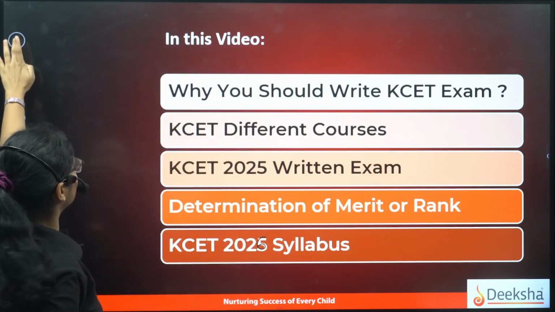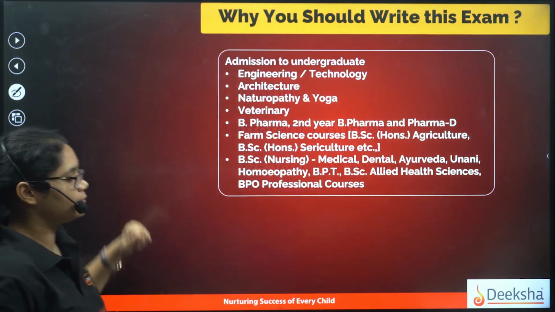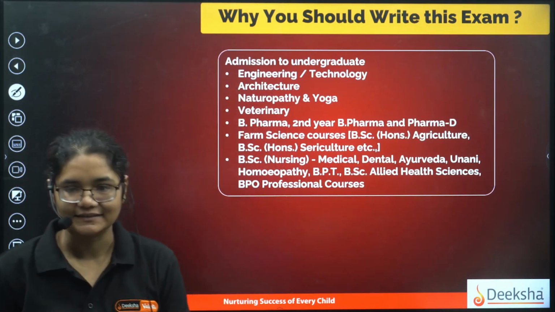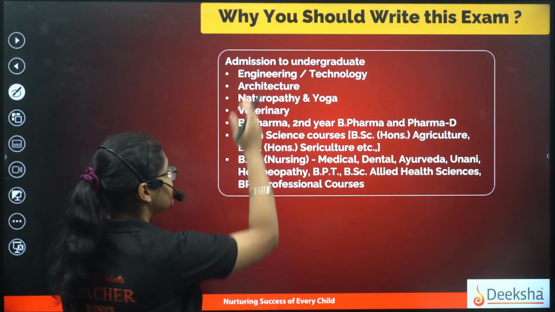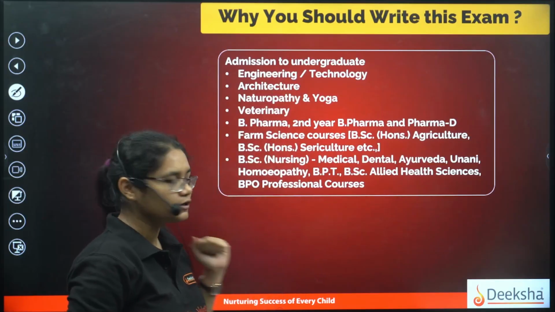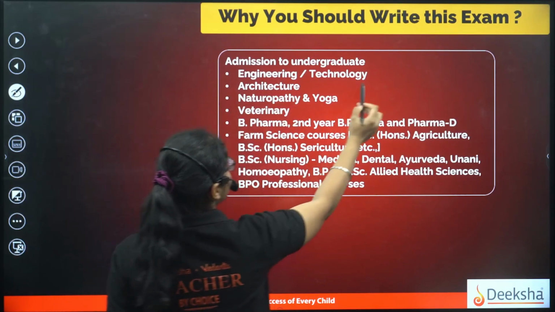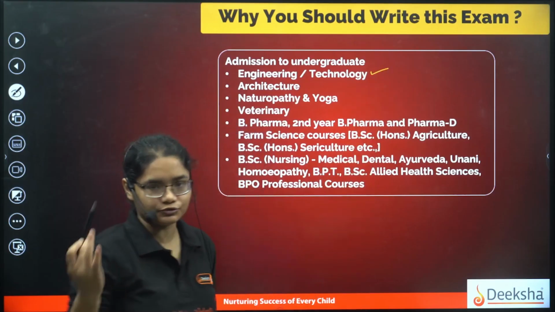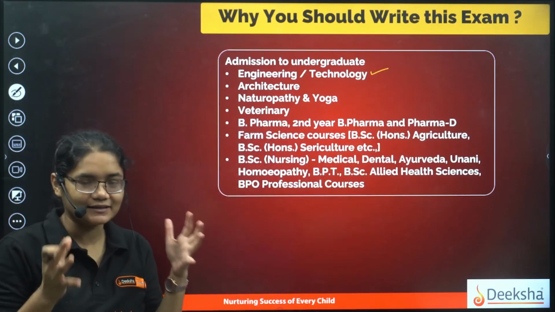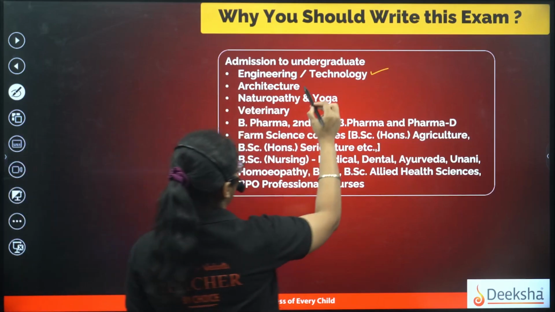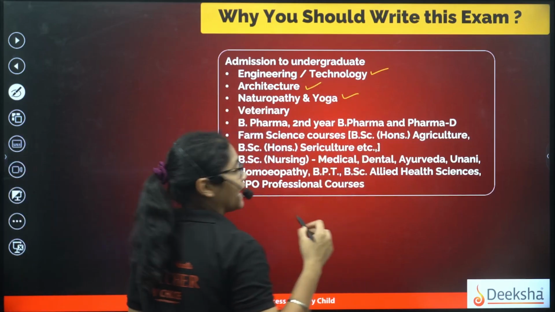Now moving forward to why you should choose this particular exam. Through this exam you can take admission to many courses. We have engineering or technology, for which I can say around 50% of students write KCET. Then architecture, naturopathy and yoga.